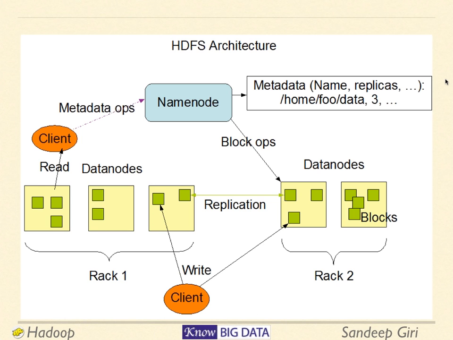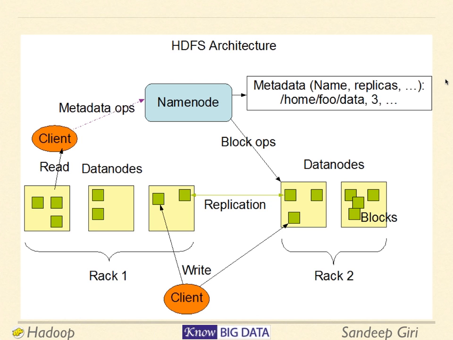In response, the name node makes an entry that such and such person is trying to write data to data nodes, and tells you, go to these nodes and store your files, first block here, second block there, and third block there.